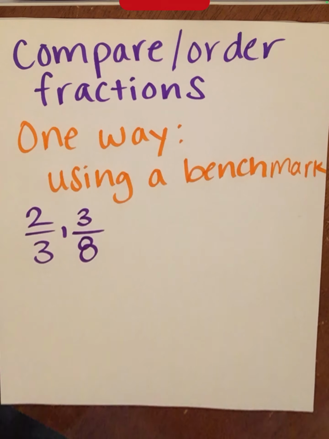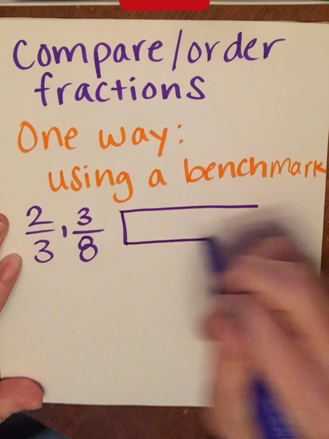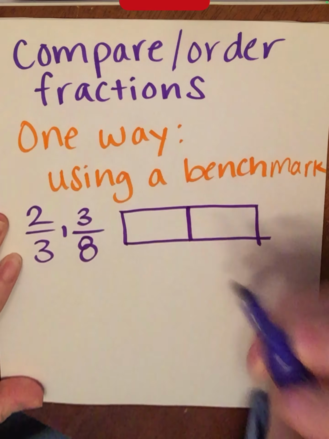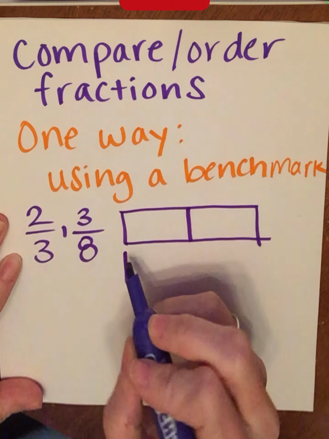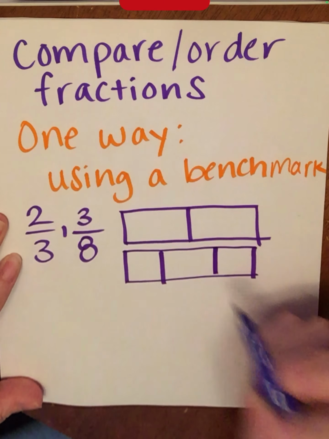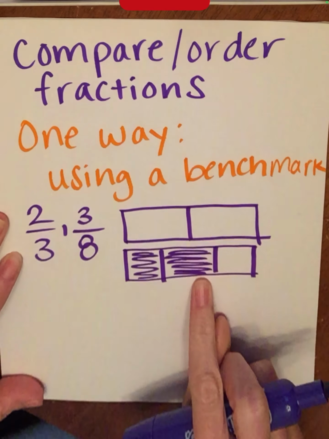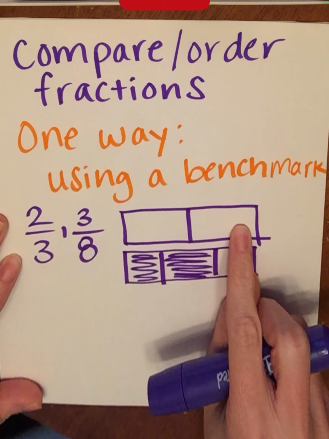Now, if you remember, I can use a model. For instance, if I were to draw, remember we drew a model like this to show 1/2, and then we drew a model down here for 2/3. And if I shade two pieces, you'll notice that the fraction 2/3 is actually going to be bigger than 1/2.